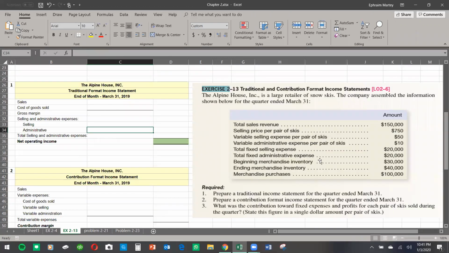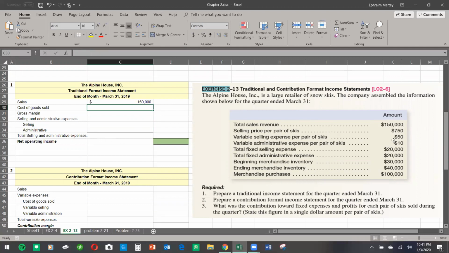Now let's go ahead. According to the problem, following traditional format, the company has sales of $150,000. Cost of goods sold: how would we find it?